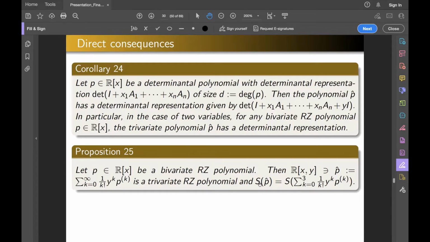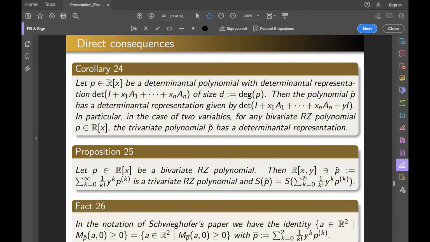Yes, and we have this relation for the relaxations. We can truncate at the cubic part because the relaxation only uses the cubic part of the polynomial.